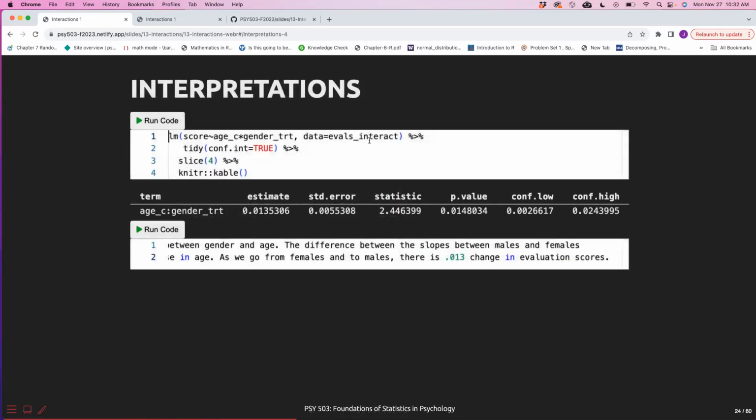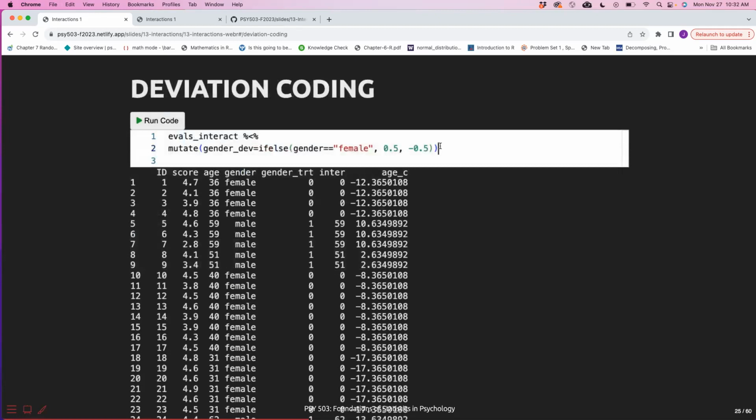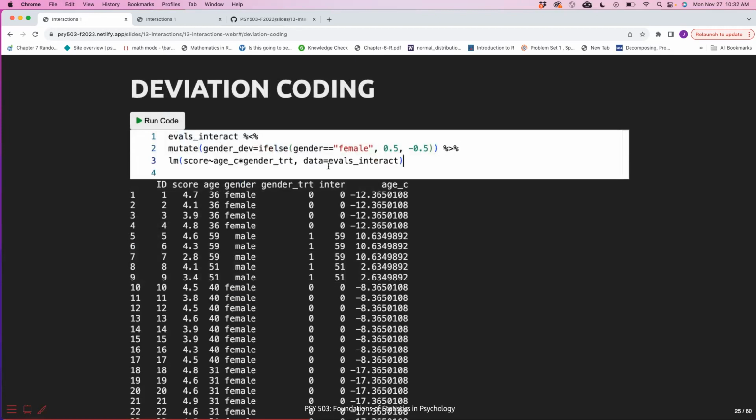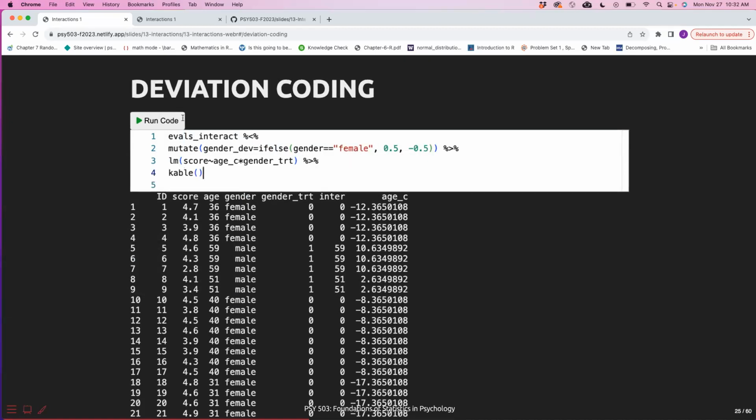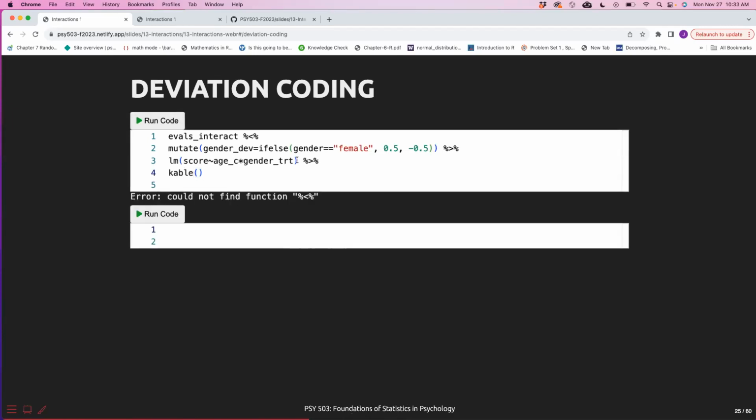Let's see if I could do this. See if this runs. Did I do something weird? What is wrong?